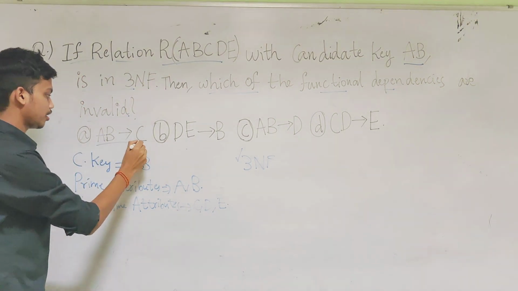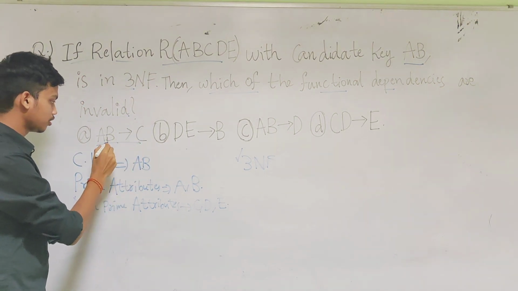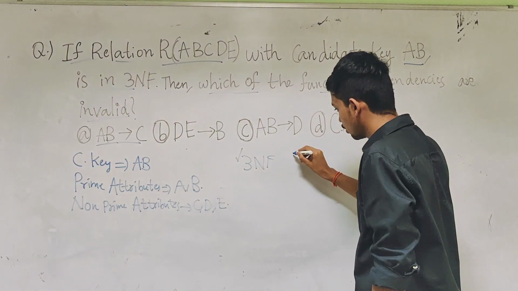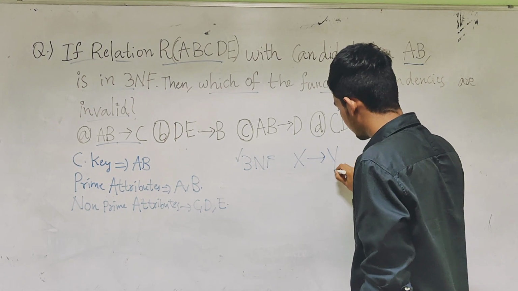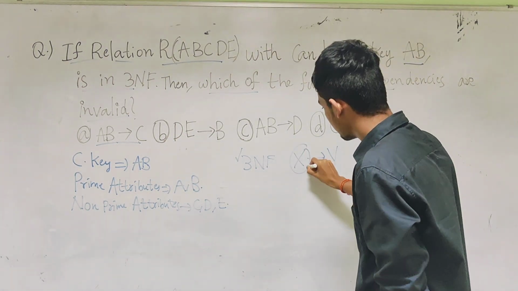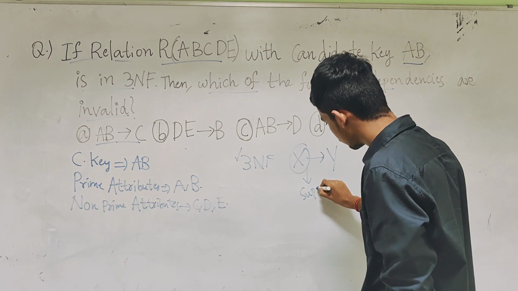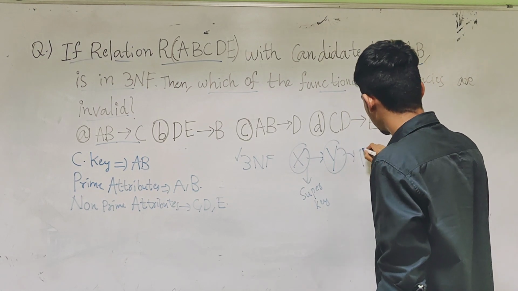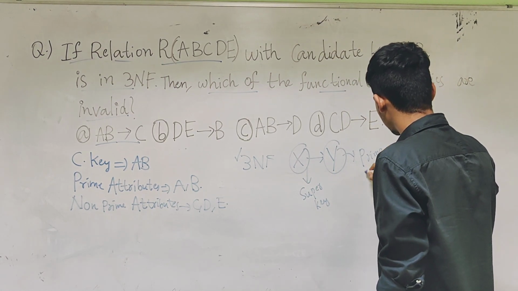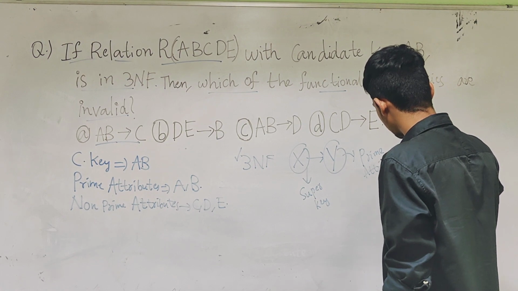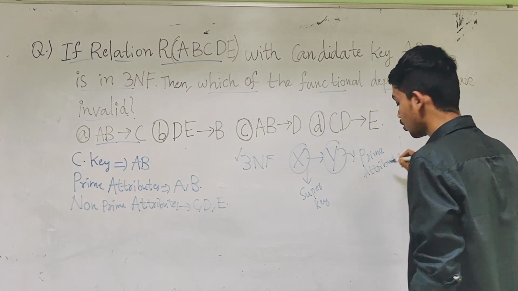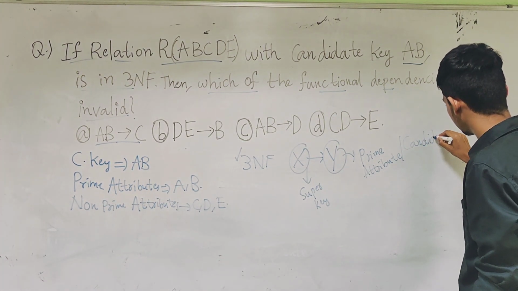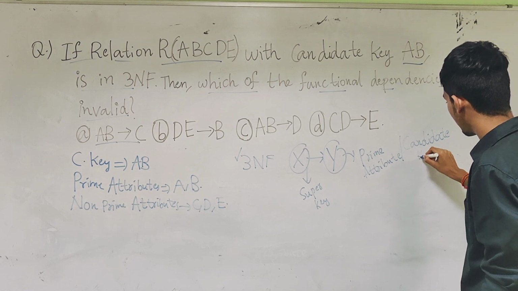First I am looking at option A. AB to C, this functional dependency is given. What does 3NF mean for a functional dependency? If X to Y is the functional dependency, either X should be a super key, or Y should be a prime attribute or candidate key.